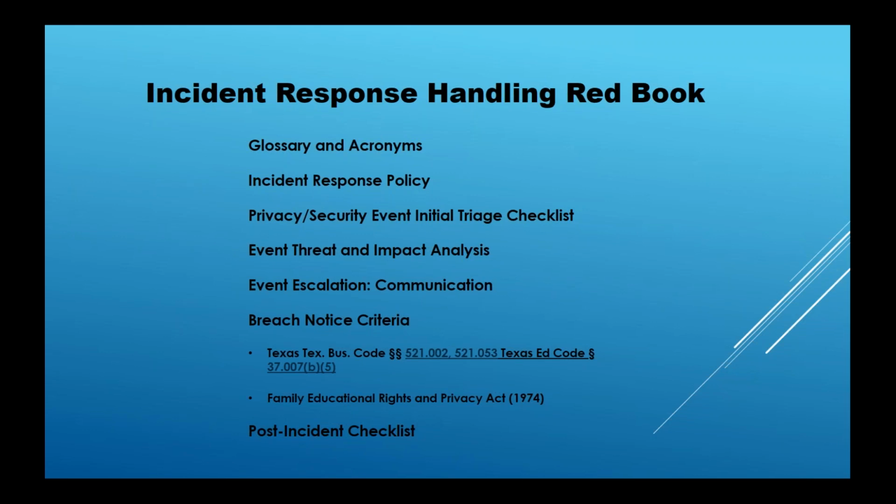Texas Business Code talks about that: you do not have to prove that it was exposed to be a breach, but if there was potential for that data to be exposed. So it does talk about the classification of those two different events, and again, this is a resource that I use very frequently.